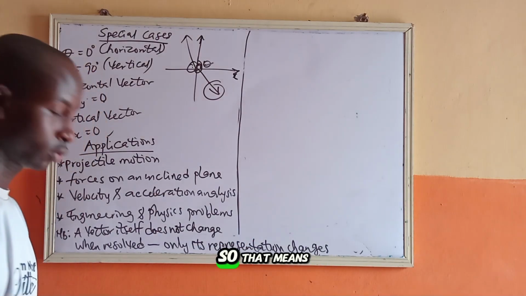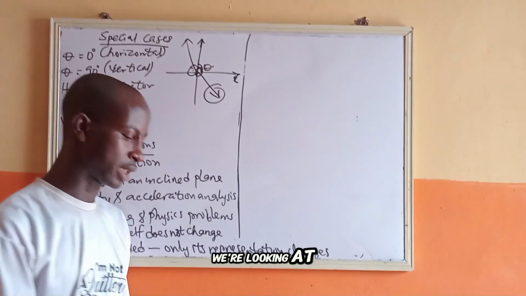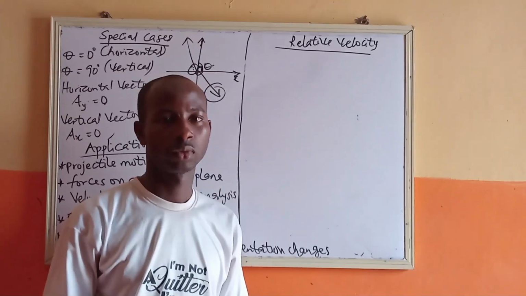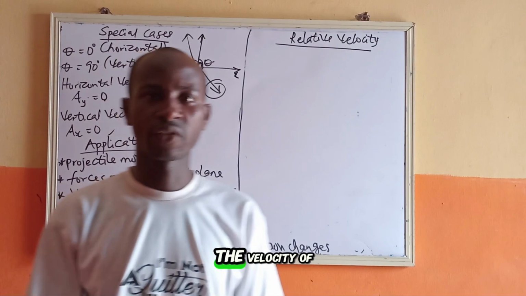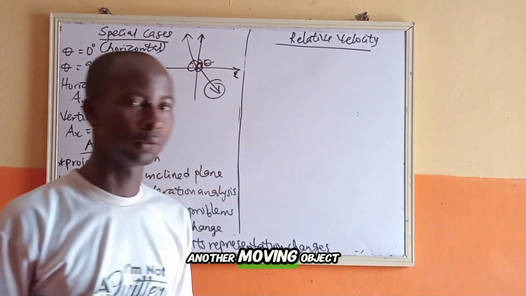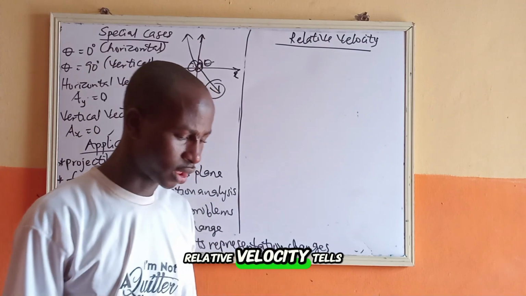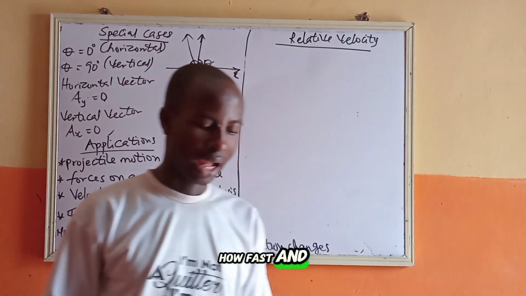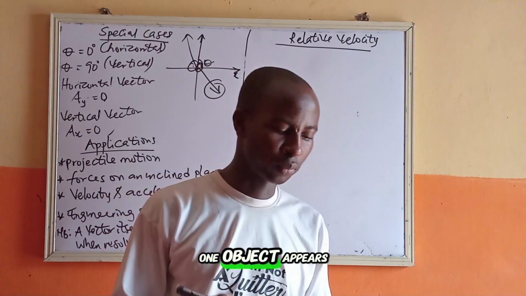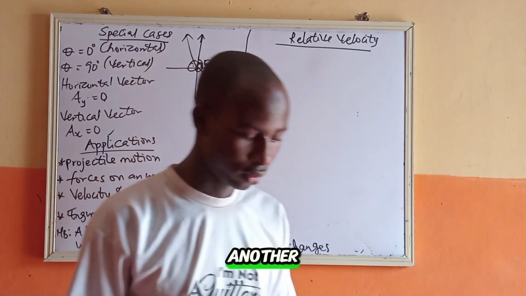Okay, so that means our last topic for this is relative velocity. Relative velocity is the velocity of one object as observed from another moving object. In simple words, relative velocity tells how fast and in what direction one object appears to move with respect to another.